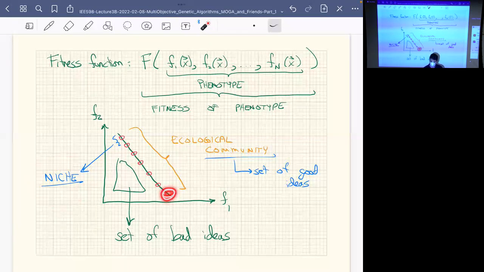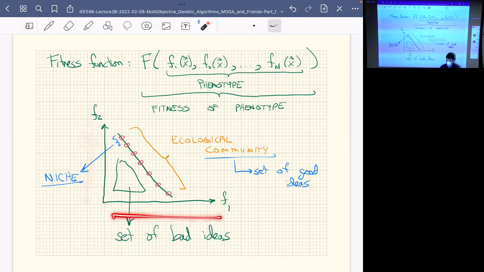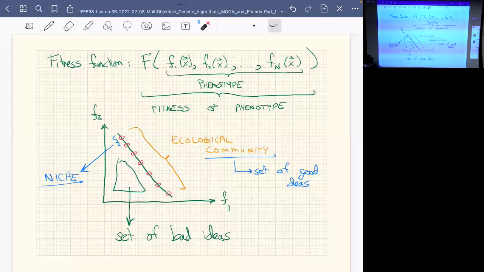You can think of this niche down here as a space where F1 is far more important than F2. And so we aren't going to choose the relative importance ahead of time. We're just going to say, as long as we know which direction is better, then we can come up with this community, which is all of those choices all at once. Okay.